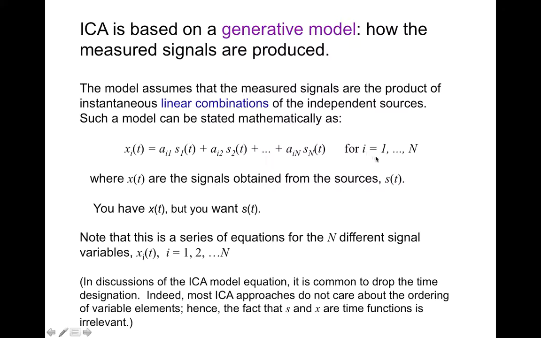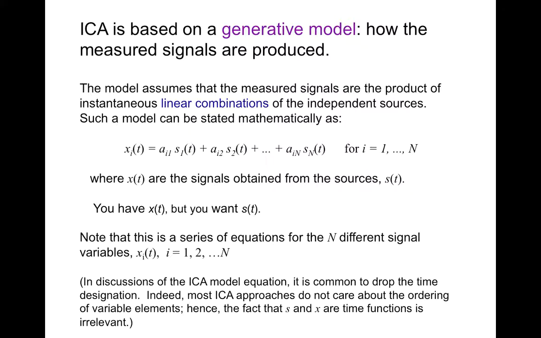We assume that there are n points in time and that each signal has n points. So we have these x of t's, and i does not represent time points. i would represent the different signal values, like your channels. So we have n measurements represented by subscript i running from 1 to n. And we want to know, out of this set of equations, if we know the x of t's, how would we get our s of t's?